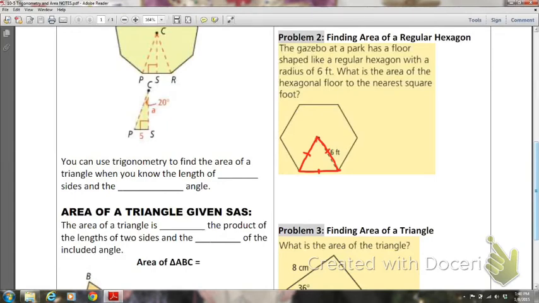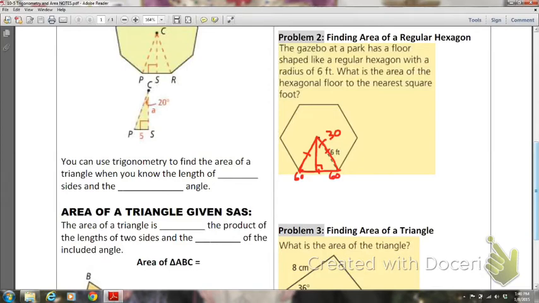So if I draw the apothem, since these are equilateral triangles, this is a 60, 60, and then this top angle was 60 as well, but half of this is 30. So you have a 30, 60, 90 triangle, and we could use that as well, and it would be a whole lot easier, and we will look at that in a minute. But let's look at it with trig, okay?